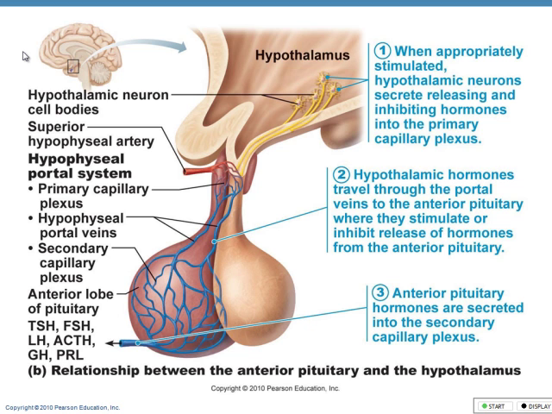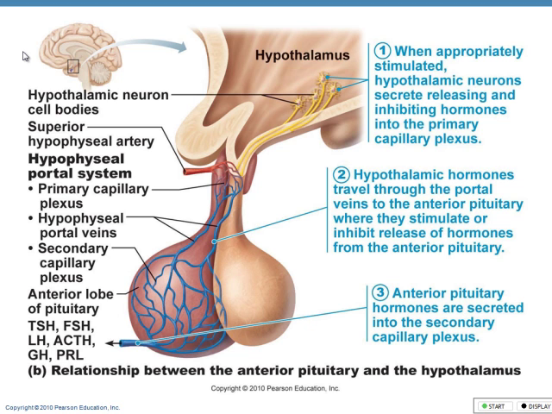And again, where are we going to find what hormones they make? Go over to pages 602 and 603. The list is a little bit longer. We see things like GH, growth hormone, TSH, thyroid stimulating hormone, ACTH, adrenocorticotropic hormone, FSH, follicle stimulating hormone, LH, luteinizing hormone, and another one called prolactin.